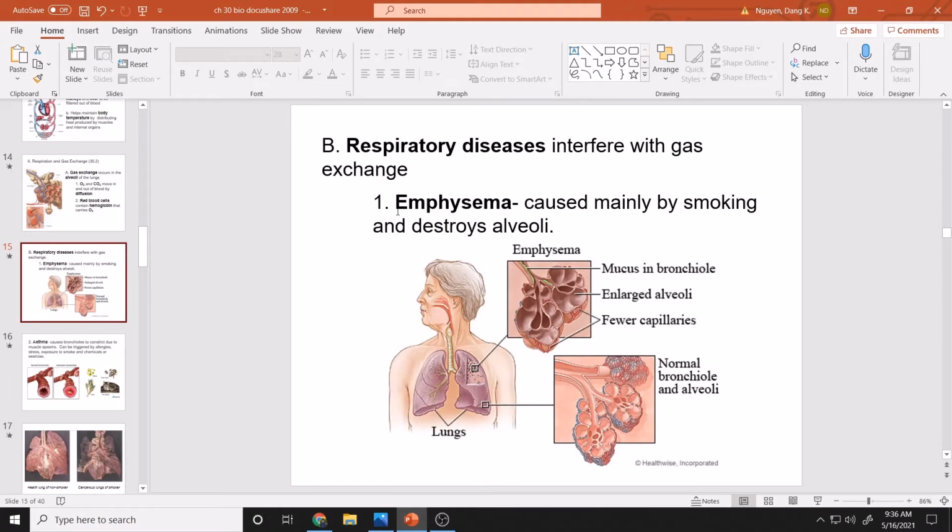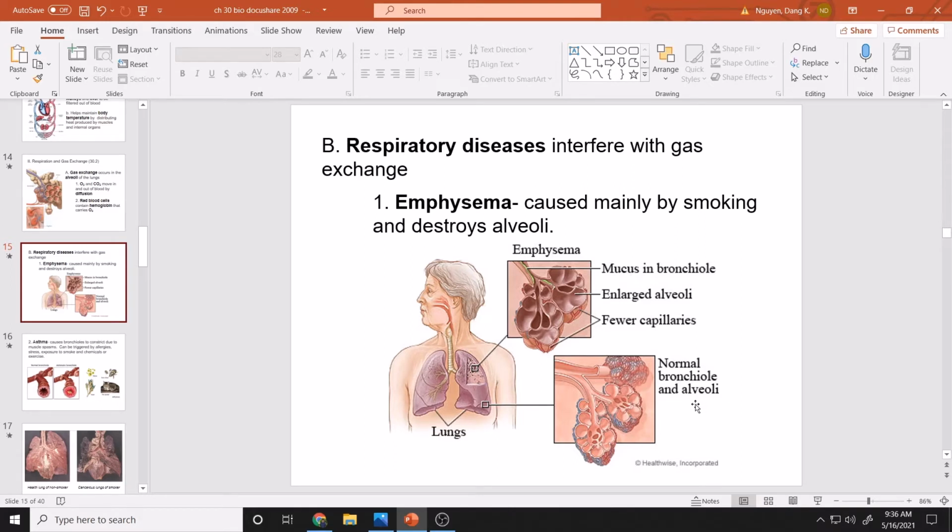There's a disease called emphysema. It's caused by smoking. Emphysema causes mucus in the bronchioles. You get enlarged alveoli and there are fewer capillaries, so you always feel tired and it feels as if you're not getting enough air.